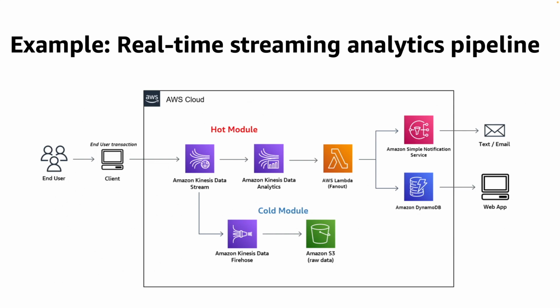The cold module is usually for archiving purposes. You can have the Kinesis Data Firehose, and from that we can store the raw data in the S3 bucket. This can be used for archival purposes, or for building other interactive queries, like using Athena. You can build your query, analyze that data, and run queries against that data to identify useful insights from there.